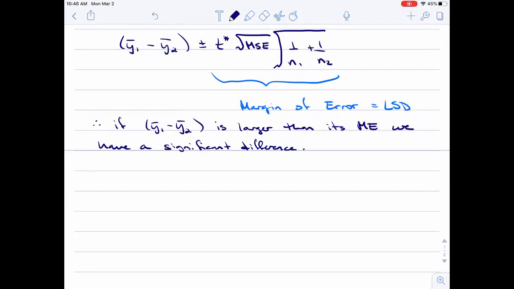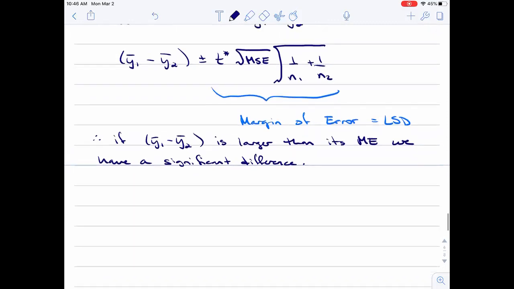That is the connection that we can make. But usually we don't call it the margin of error, we just call it the LSD, the least significant difference, because that's the method that we're using.